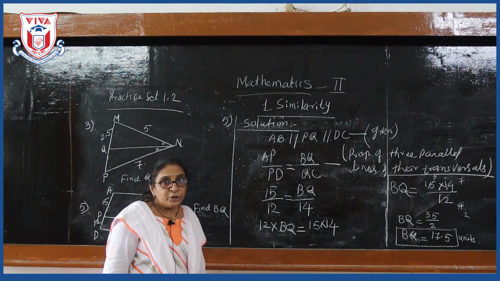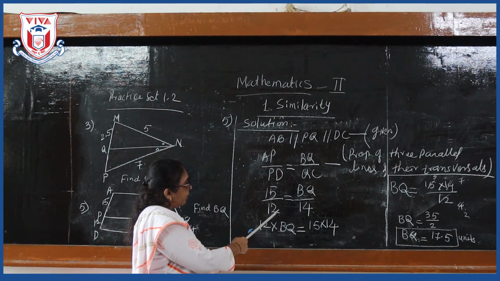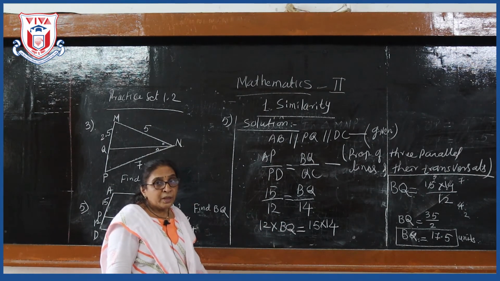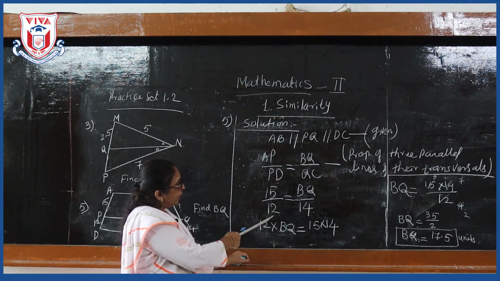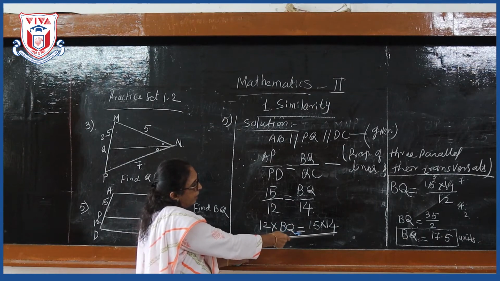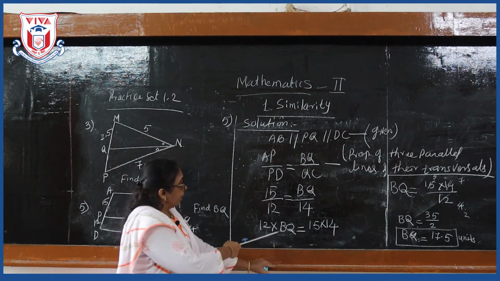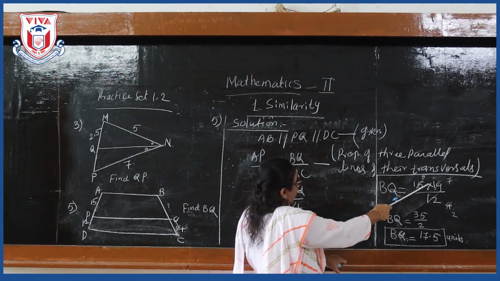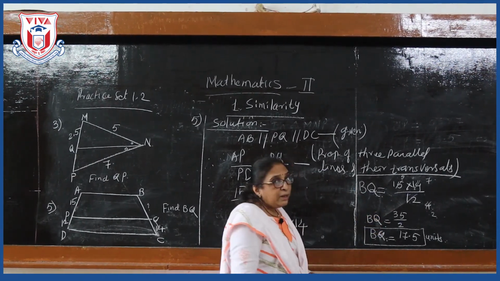Now, if we substitute the values, then 15 upon 12 is equal to BQ upon 14. By cross multiplication, we get 12 multiplied by BQ is equal to 15 multiplied by 14. We can simplify this. So, BQ is equal to 15 multiplied by 14 upon 12.